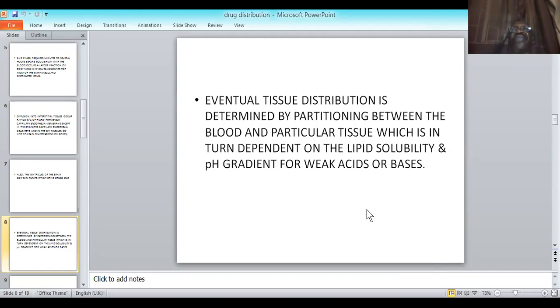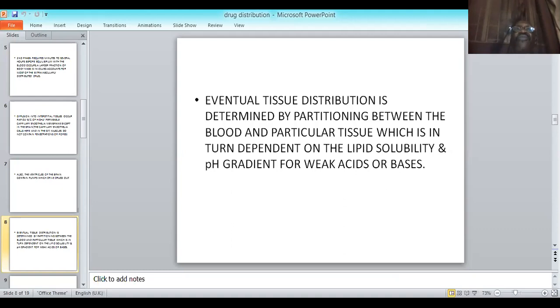Then there is the difference in pH between some parts of the body and the main central systemic circulation. That pH difference, which anyway usually is not so much as compared to the pH difference between the fetal blood flow and the main systemic circulation.